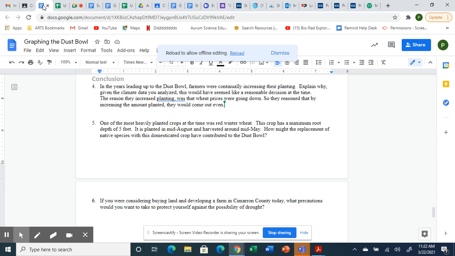By destroying the native grasses, nothing could hold the dirt in place. All right. I'm just going to say because there was nothing holding the dirt in place.